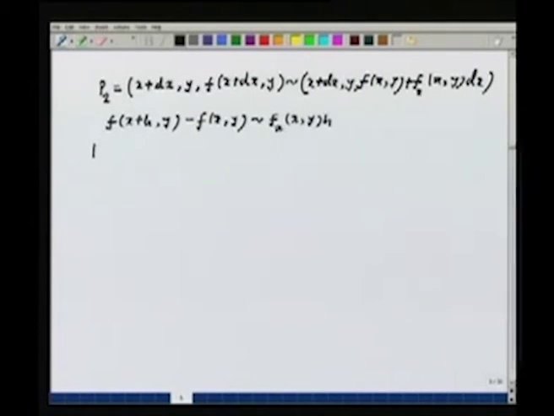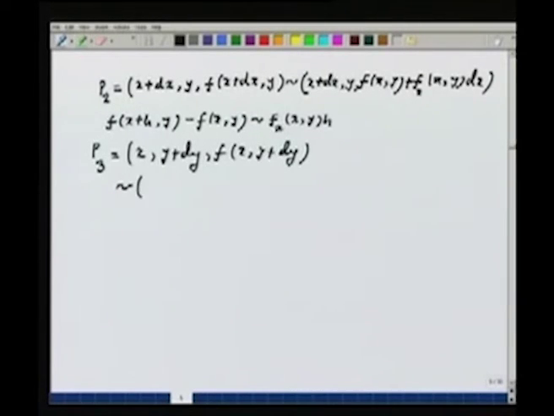Let us look at what is P3. P3 was (x, y plus dy, f of (x, y plus dy)), which is approximately equal to (x, y plus dy, f(x,y) plus fy at (x, y) dy). Again I want to use the partial derivative with respect to y of f.